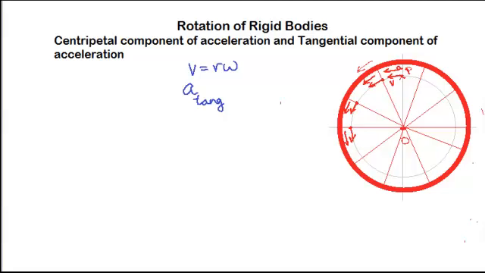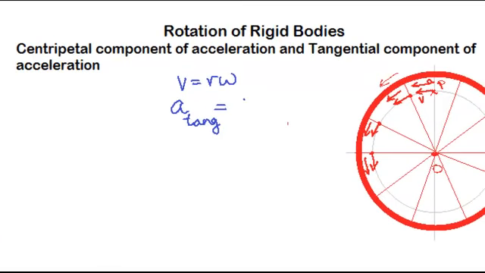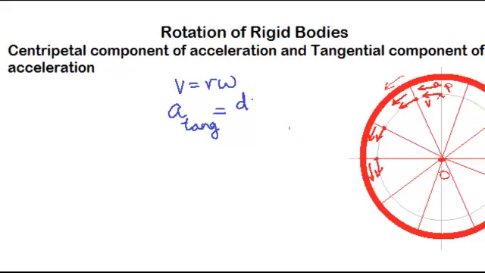Now, the tangential acceleration acts as the magnitude of the particle's velocity, or its speed, is changing. You know that velocity is a vector. It has both magnitude and direction. Over here, we're talking of a change in the magnitude of the particle's velocity. So, this acceleration is equal to the rate of change of speed of the body, so dv by dt. Since v is r omega, we will differentiate r omega with respect to t.